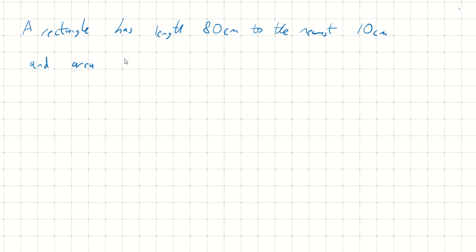So in our new example, now we're going to have a rectangle that has length 80 centimeters to the nearest 10 centimeters, and area 1000 centimeters squared to the nearest 100 centimeters squared.